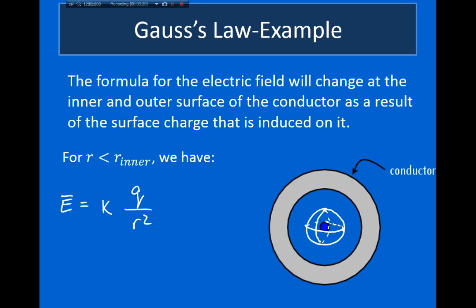And the reason that it's going to be so simple is because, remember, Gauss's law only depends on the charge that's enclosed inside the surface. So all of this metal, it's not enclosed in the surface, so it can't possibly have an effect on this calculation. And because everything is spherically symmetric about the charge, we don't have to worry about anything. We can pick this very simple Gaussian surface and do the calculation the same way that we did just before.